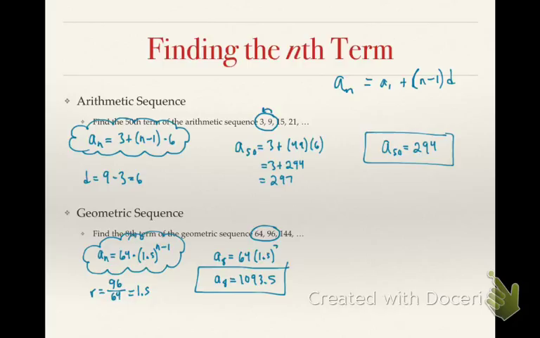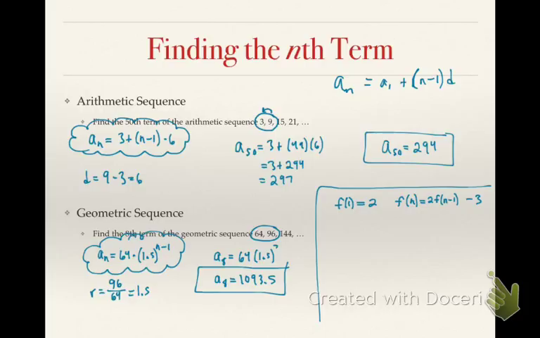Now note, finding the nth term in the sequence is much easier to do with the explicit formulas, which we just did. With the recursive formulas, sometimes you're given a recursive definition. Let's say the first value of the sequence is 2, and the recursive rule is take 2 times the previous minus 3.